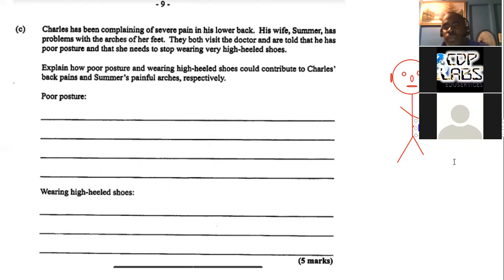Now, you see, we are drawing a diagram. He is experiencing severe pain at the lumbar vertebrae right there. So you see, you're thinking like a doctor now. You have to know the characteristics of the lumbar vertebrae.